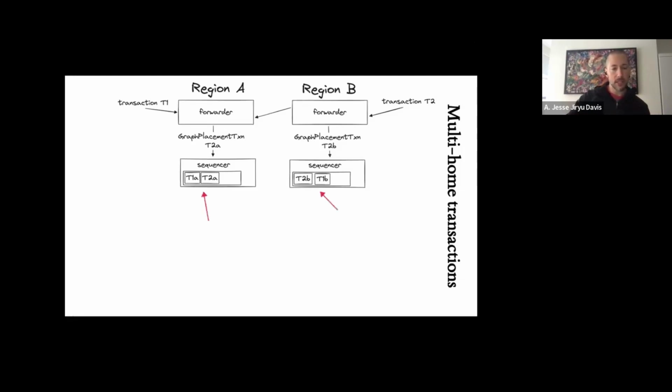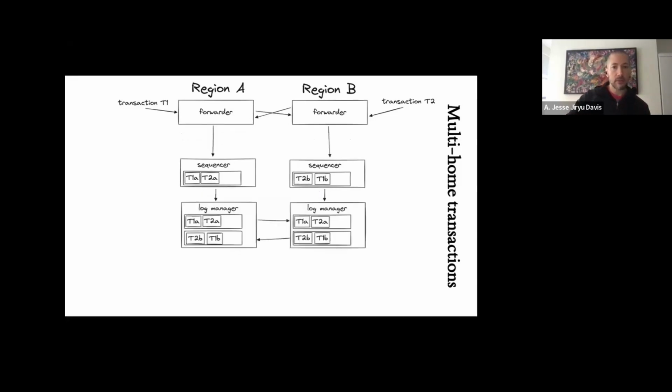Let's say that they're sequenced like this, where in region B, transaction 2 is sequenced first, and in region A, transaction 1 is sequenced first. So they're sequenced in different orders. After that, just like we saw before, batches mature every 5 milliseconds. They're added to the logs, and the logs are asynchronously replicated.